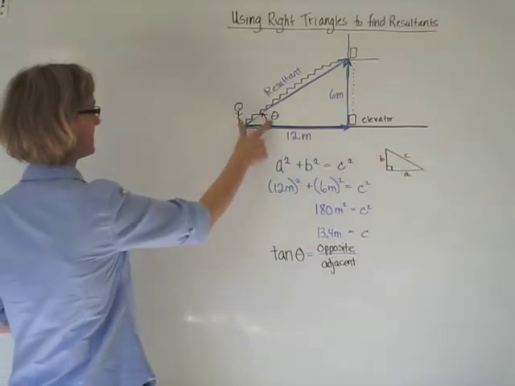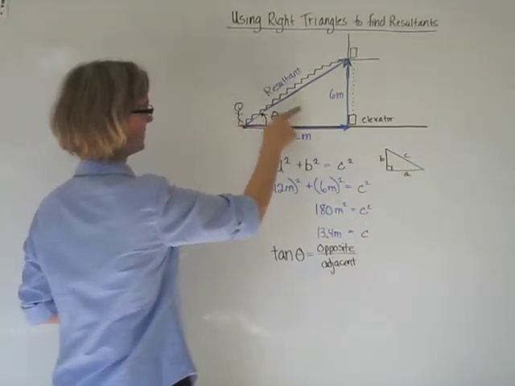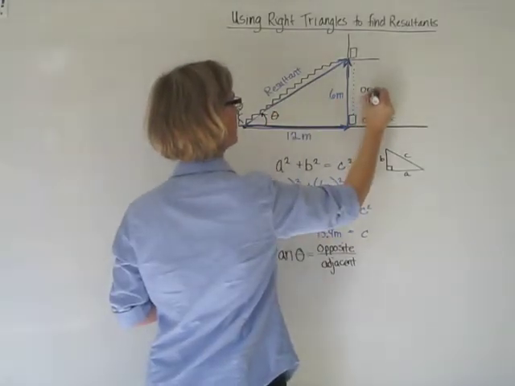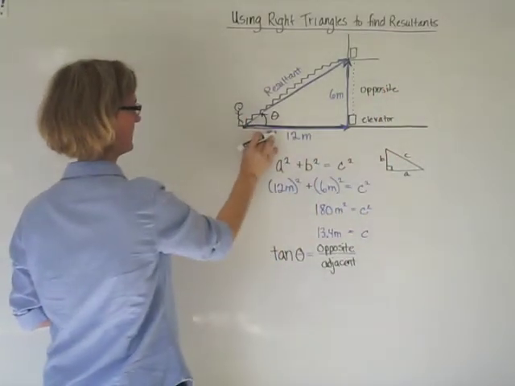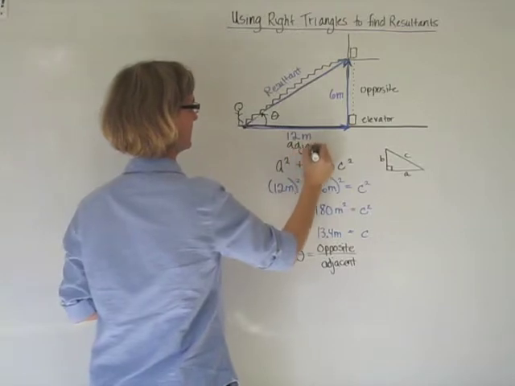In this triangle, I'm using this angle, so opposite this angle is over there. So this is the opposite side. Adjacent is the leg that's touching the angle. So this is the adjacent.